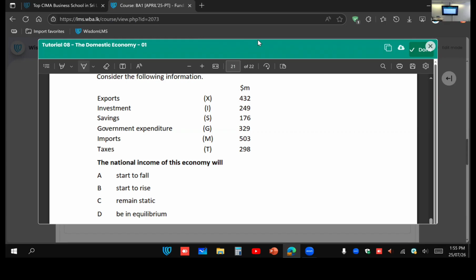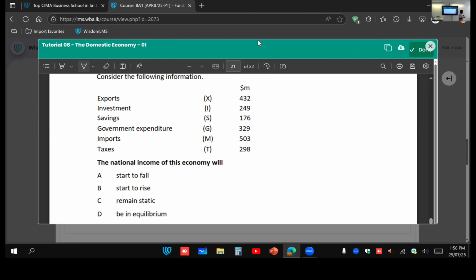So it was easy to remember, like injections, was it GIX, no? Injections was GIX, write it somewhere and keep, and then withdrawals were TSM, no? TSM was withdrawals. So tell me, total injections, what's the figure? 1010. Withdrawals 975. So injections is higher. So when injections are higher into the economy, what would happen?